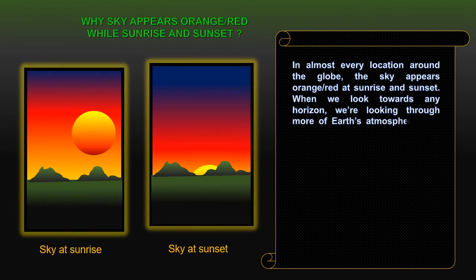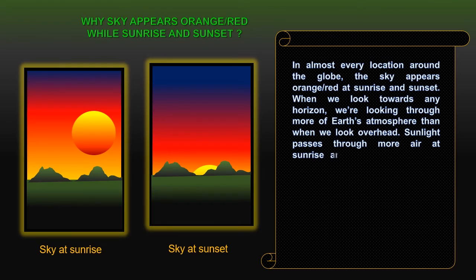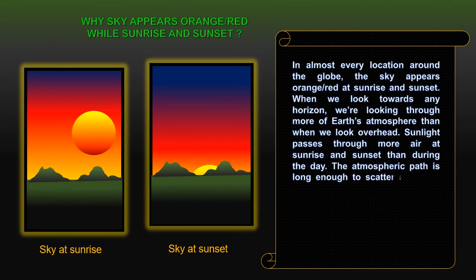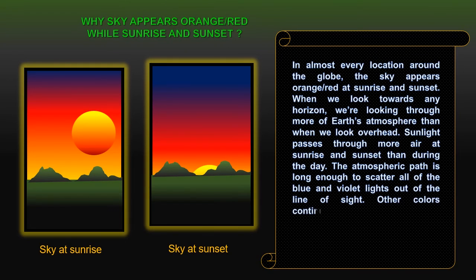Sunlight passes through more air at sunrise and sunset than during the day. The atmospheric path is long enough to scatter all of the blue and violet lights out of the line of sight. Other colors continue on their way to the eyesight. Hence, the sky appears orange at sunrise and sunset.